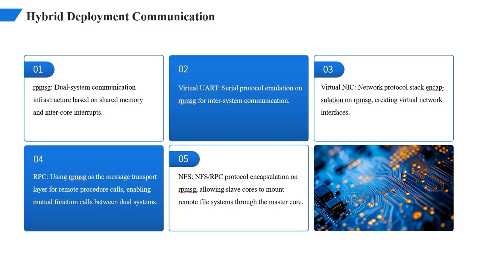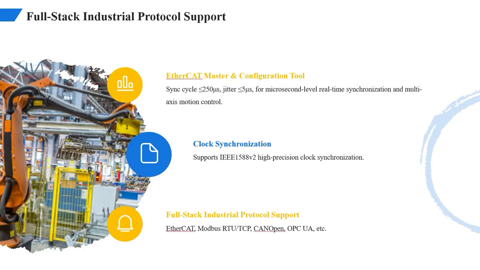And the RPC enables remote procedure calls across the boundary. Functions on one system can directly invoke functions on the other, and the NFS allows the slave core to mount the remote file system through the master core. Together, those five components provide a rich, flexible communication framework that supports virtually any application architecture.